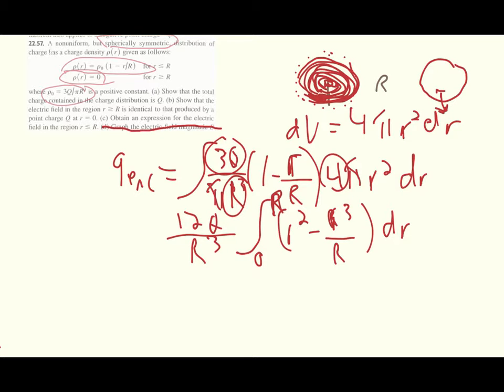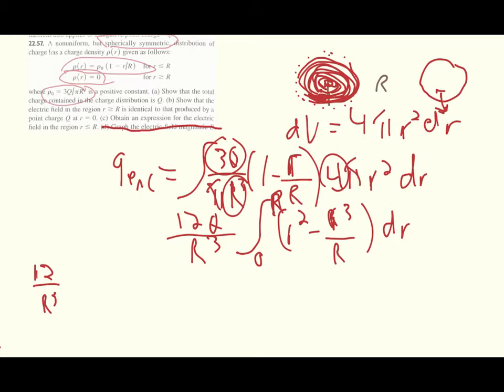When you look at the actual integral itself, it's not bad to integrate, just the power rule will do it. So we'll start right here. I'm going to keep the constant 12 over R cubed. I'm pointing out there's no epsilon naught or anything like that, because we're not even working with that.